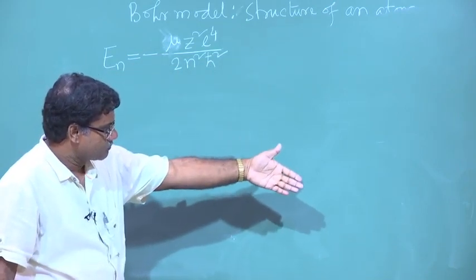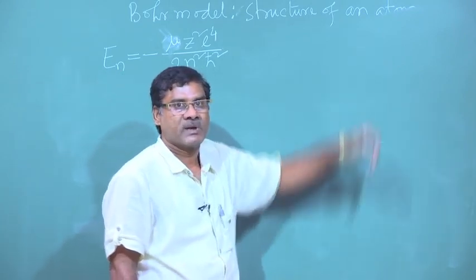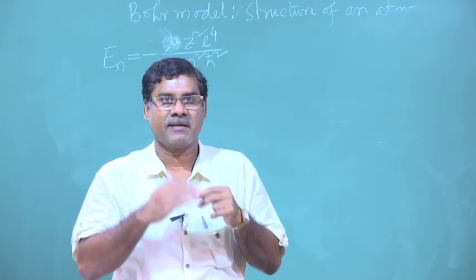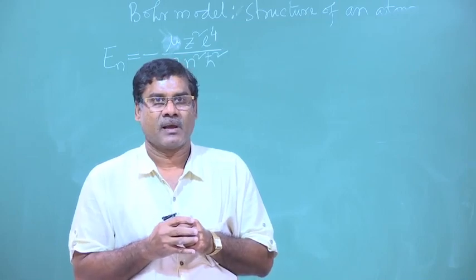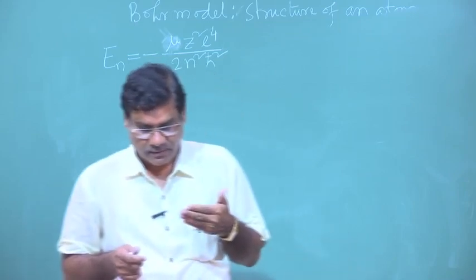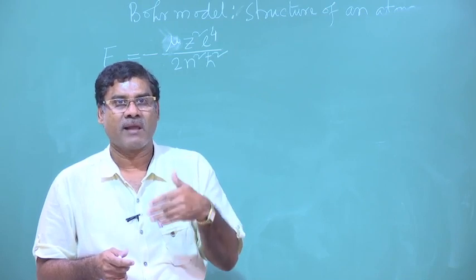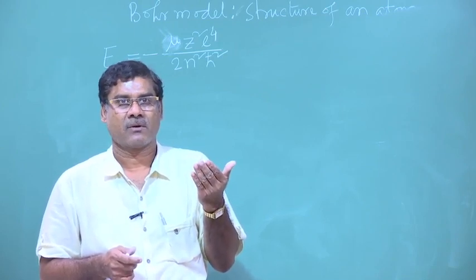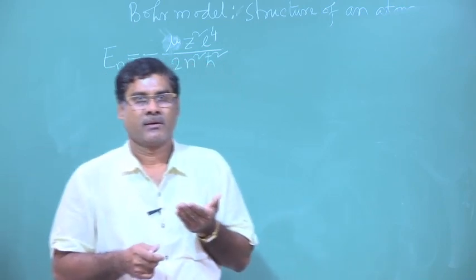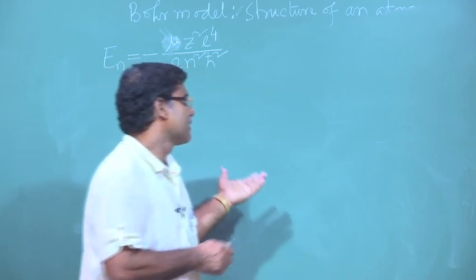Okay. So, as I have drawn the energy levels, the Bohr model is telling that energy levels are discrete, and from the transfer of an electron, or the jump of an electron from one energy level to another energy level, we are getting radiation and corresponding spectral lines.